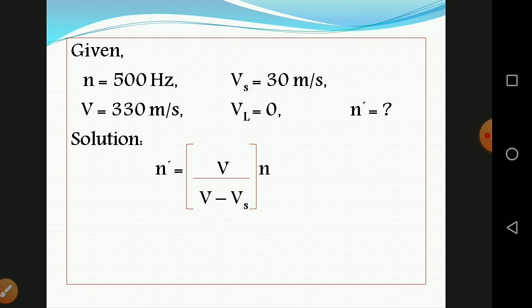So the formula is n dash is equal to V divided by V minus Vs, because when a source moves towards the listener, we use the minus sign. So V minus Vs into n.